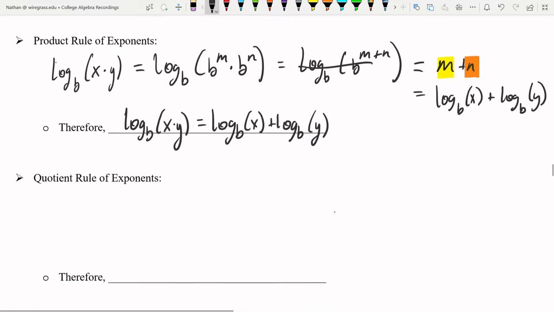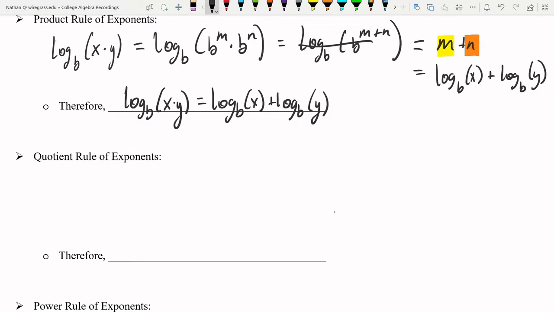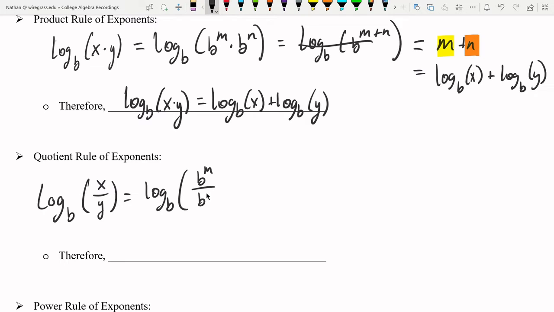Okay, now the quotient rule. I'm going to do a similar type of thing, except now instead of having a product on the inside of the logarithm, I'm going to have a quotient or a division. We still are going to have log base b of b to the m, that's what x was, over b to the n, that's what y was. Here I have a division of like bases.